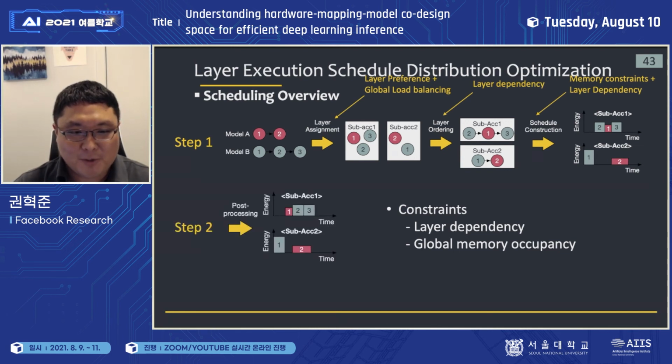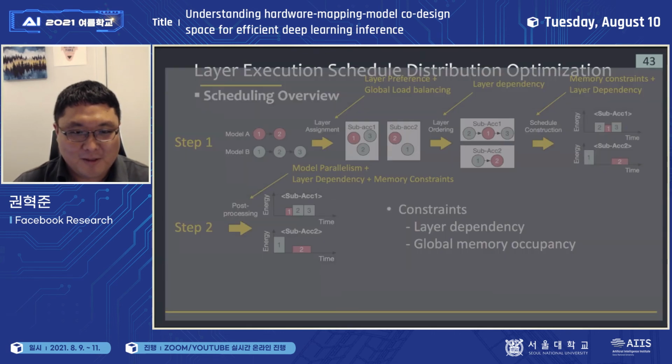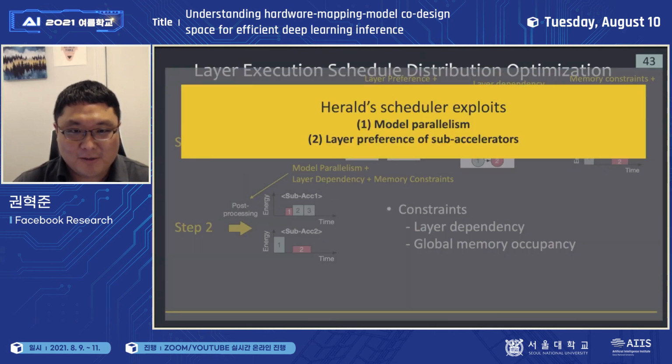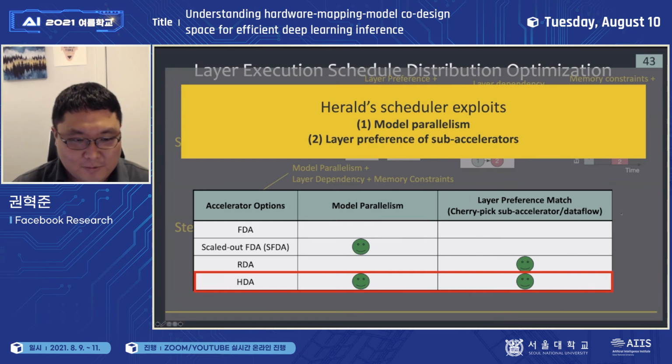And we do some post-processing for fixing some inefficiencies. To sum up this approach, we exploit the model parallelism and layer preference of sub-accelerators, which means the menu and chef assignment. And only the heterogeneous dataflow accelerator exploits both of them.